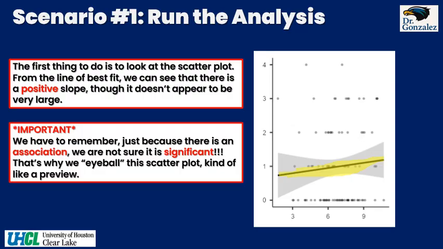So important, just because I see that there is an association, I am not sure whether or not it is significant. I just want you to eyeball that scatter plot, kind of like a preview, and say, okay, there is a slight relationship there. So let's go and see if it is significant or not.